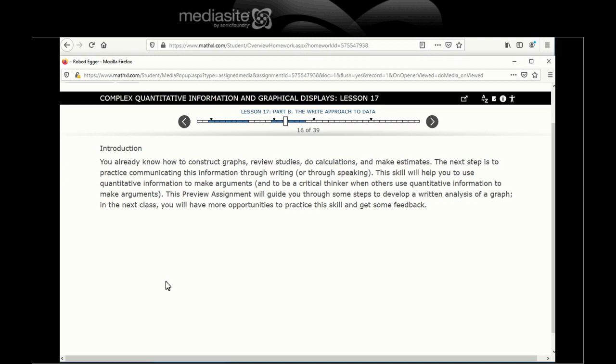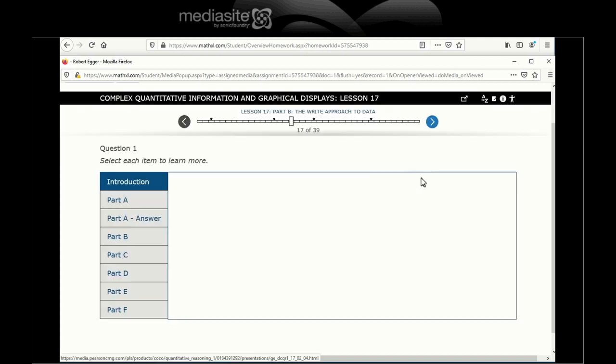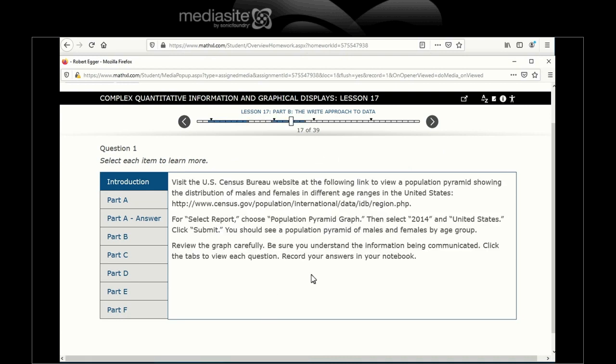Quantitative is numbers. This preview assignment will guide you through some steps to develop a written analysis of a graph. In the next class, you will have more opportunities to practice the skill and get some feedback. So again, it said to use this link.